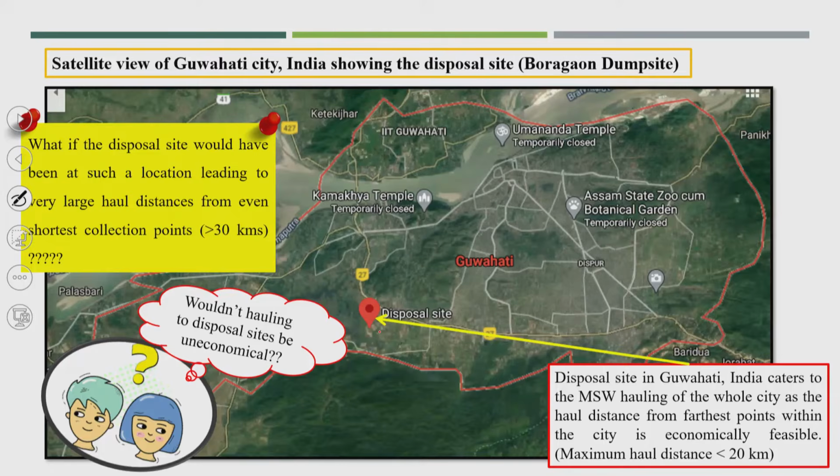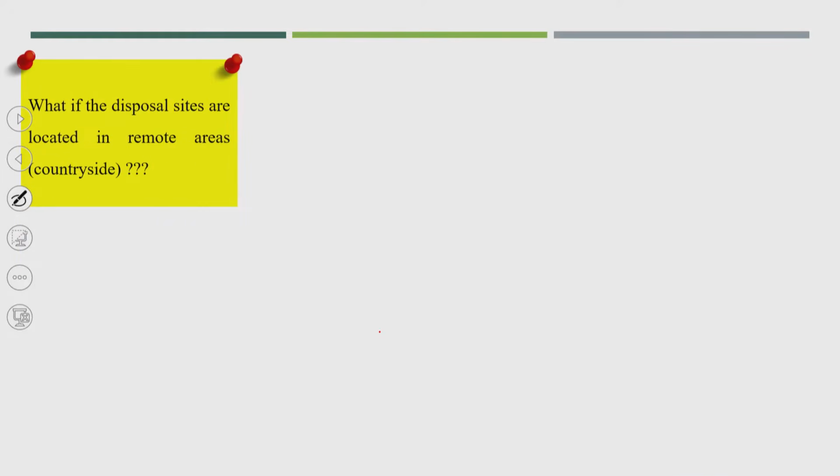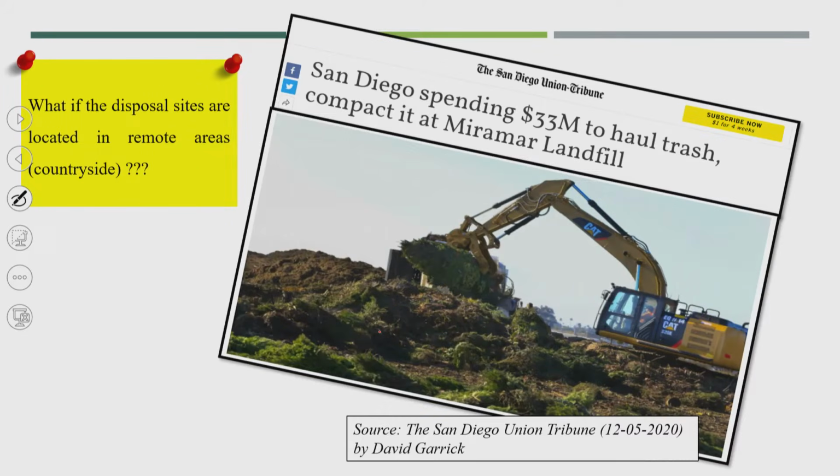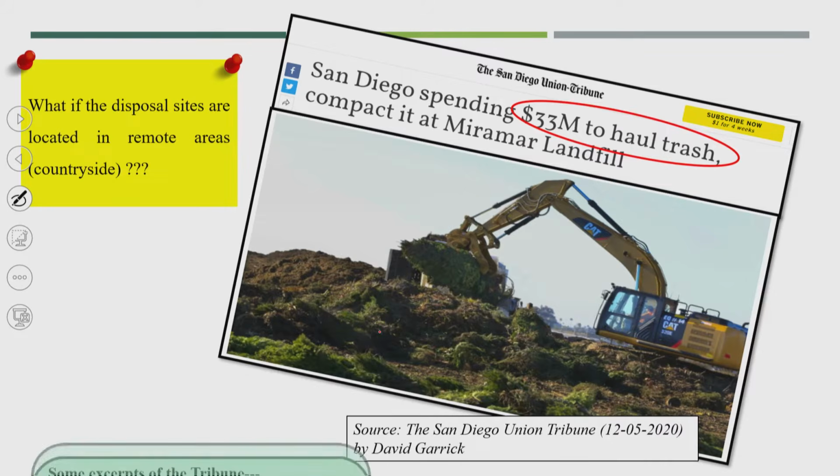So, what will be the idea for that? Suppose the waste site is located in a remote area or countryside, very far, maybe 50 or 60 kilometers. You see here one example from the US. One city, Sandow, is spending around $33 million only for the collection of waste, because the disposal site is far away.